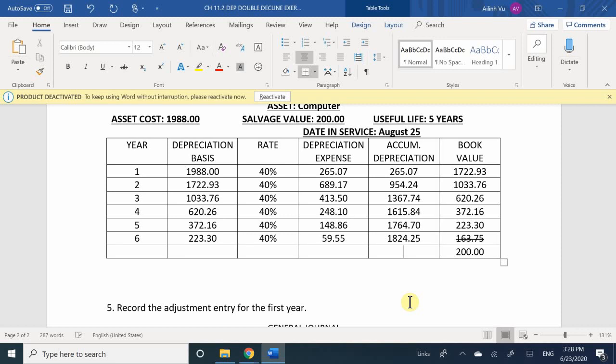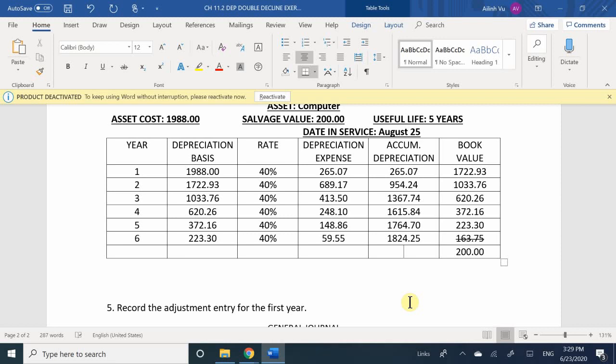How do you solve for accumulated depreciation if you already know the cost of the asset is 1988 and the book value is 200?